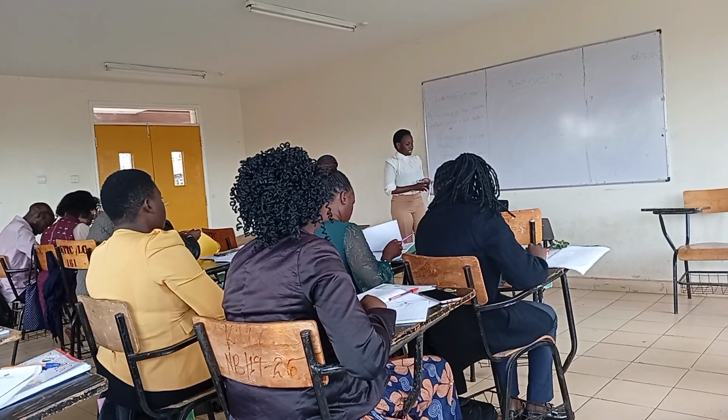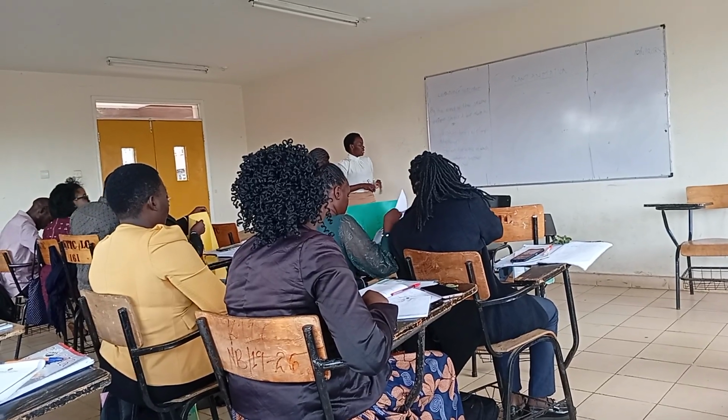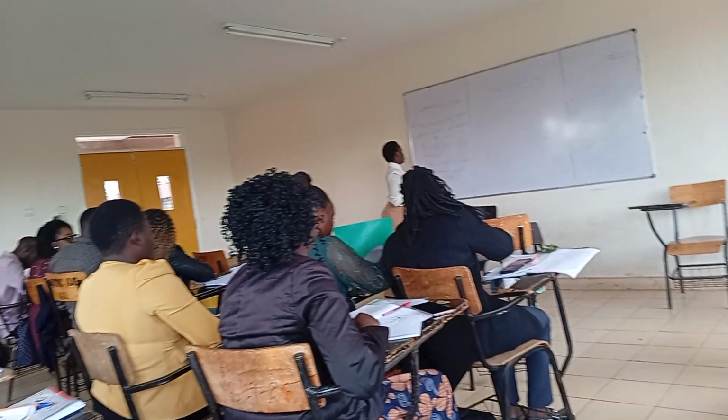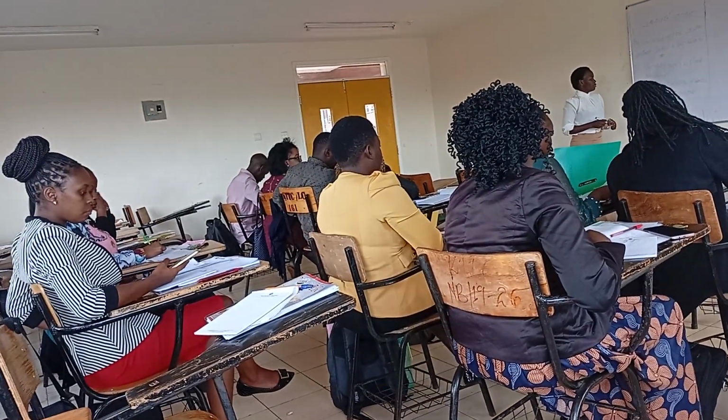So by the end of the session, we should be able to identify types of plant adaptation and explain ways in which plant adaptation supports their survival. So we'll start with identifying types of plant adaptation.